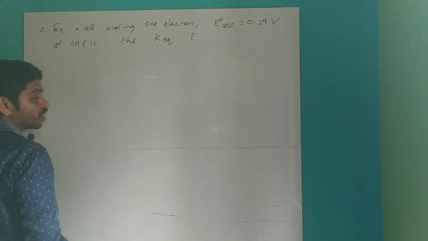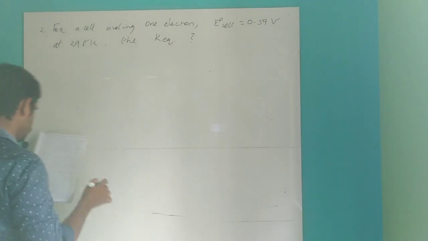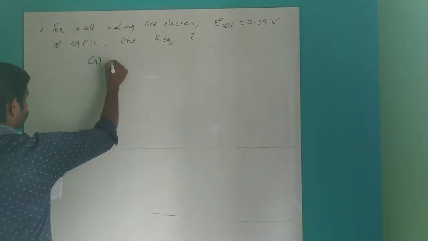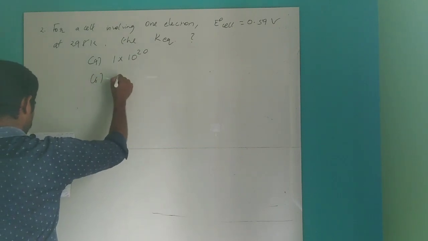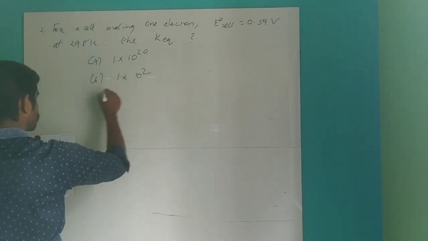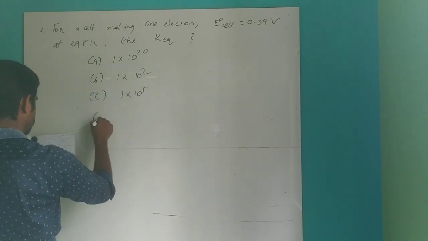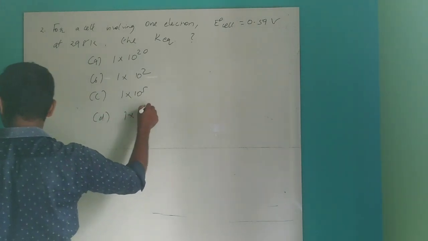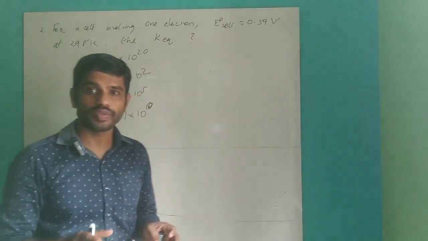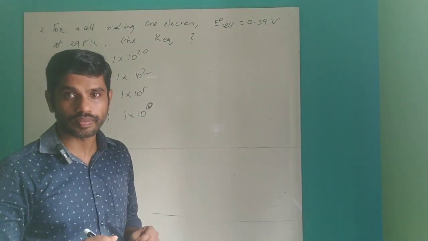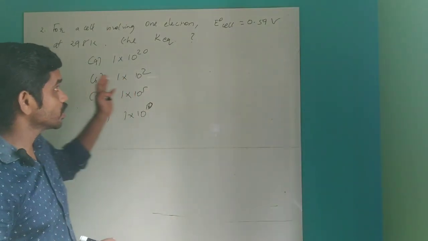You have to find out the equilibrium constant. Options: A is 1 into 10 power 20, B is 1 into 10 power 2, C is 1 into 10 power 5, and D is 1 into 10 power 10. If you know, pause the video and do the calculation.